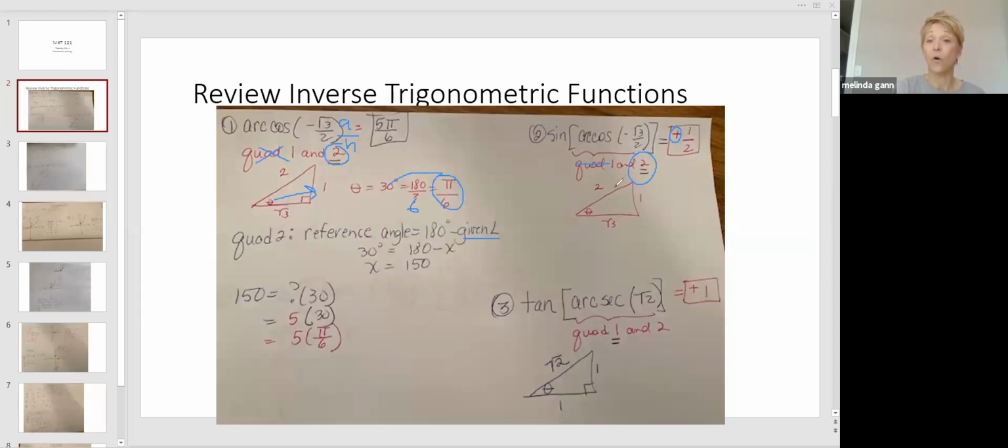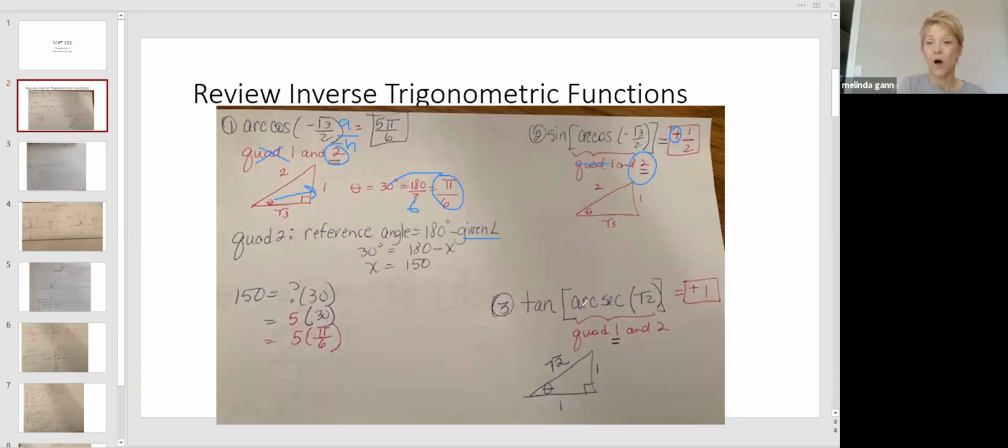So again, I can find that angle like I did back over here, but I don't even really have to find the angle. I just need the sine of that angle. And sine is opposite over hypotenuse. So that's why my answer is 1 over 2. So I could go figure out that that's 30 degrees, but I don't even have to do that if they just want the sine of that angle.